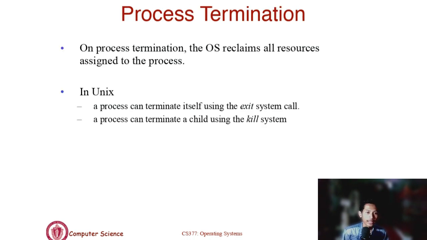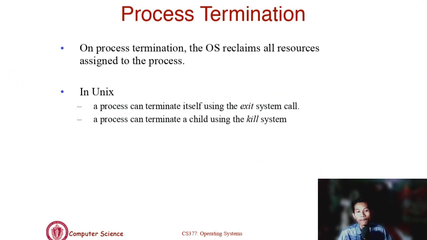Okay, in the life cycle of a process, termination marks the end of its execution. So upon process termination, the operating system reclaims all resources allocated to the process. This includes memory, CPU time, and other system resources utilized during the process execution.